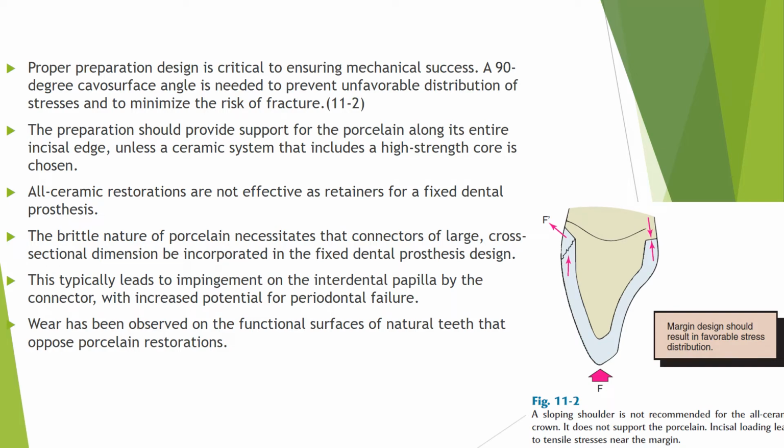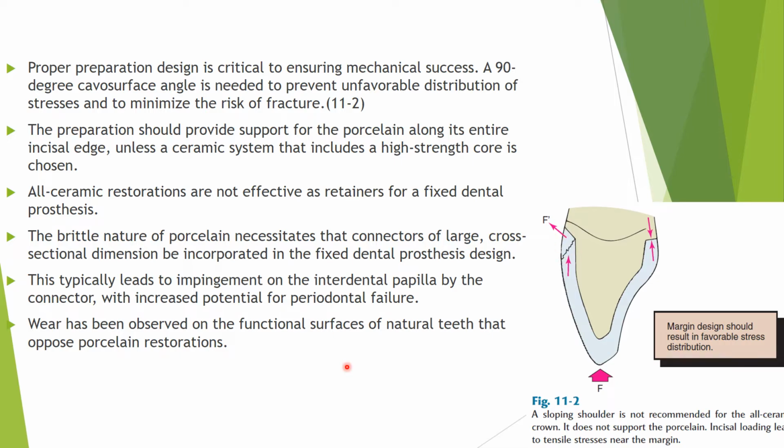Coming to proper preparation design, it is critical to ensure mechanical success. A 90-degree cavosurface angle is needed to prevent fracture and unfavorable distribution of stresses, and to minimize the risk of fracture, right? The 90-degree shoulder is favorable, as in the photo here. If you have a sloped shoulder, there is more chance of fracturing.